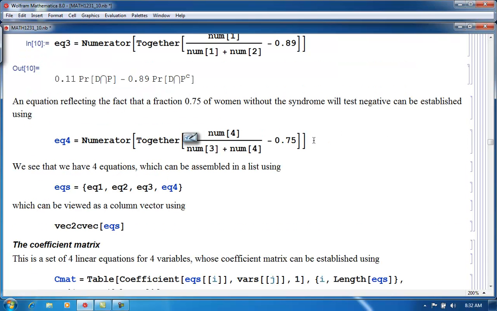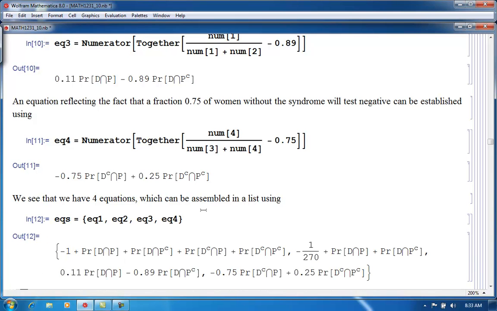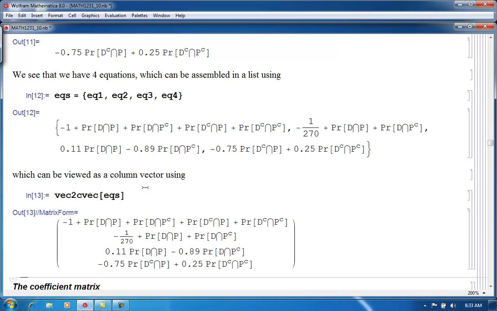And that gives us a fourth equation, and we put all those together, and then we've got 4 equations. All these 4 things are equal to 0. So they're 4 linear equations for 4 unknowns, and we can solve those using our techniques. We can view them all here. These are all equal to 0.